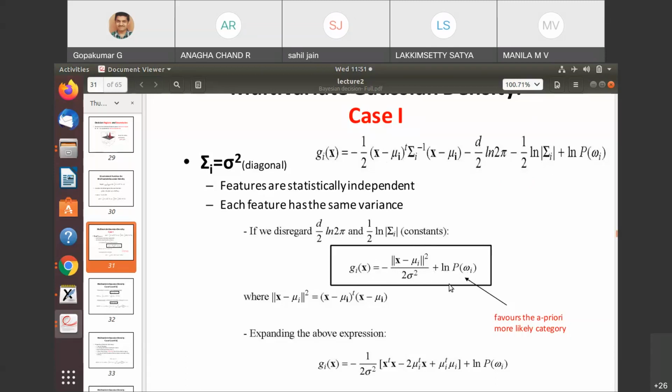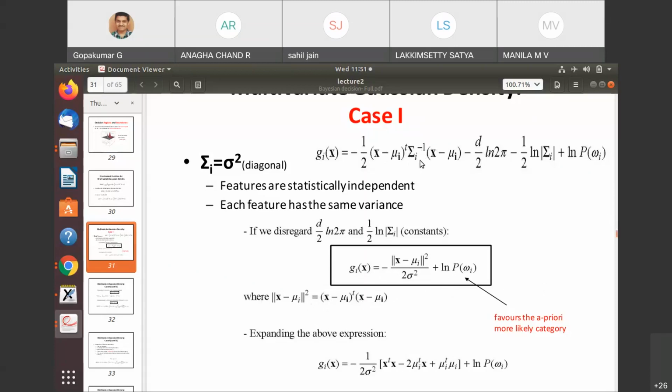As shown in the rectangle, g of x is equal to minus x minus mu the whole square divided by 2 sigma square, plus ln of the prior probability. That is how we can rearrange the terms. Here x minus mu the whole square is defined as x minus mu I transpose into x minus mu I. That is just rearranging the equation and substituting.